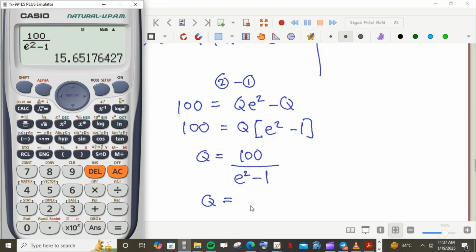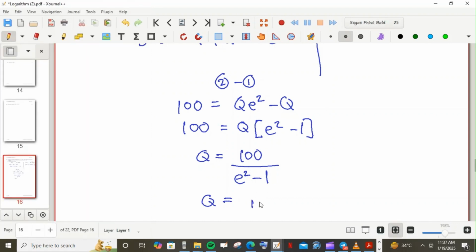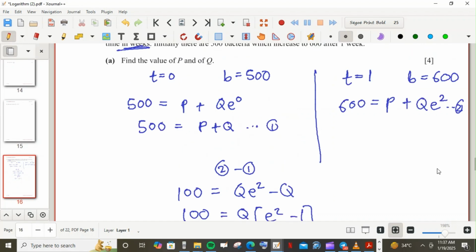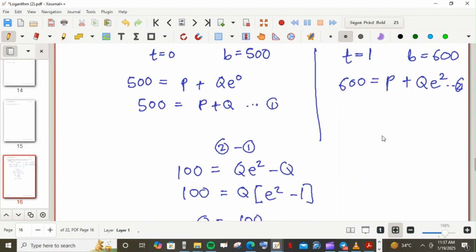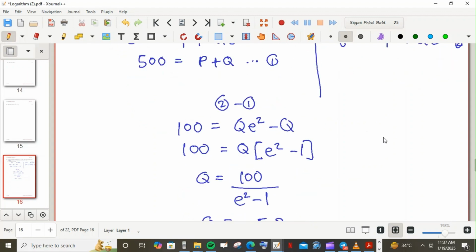I'm getting 15.6 or 15.7. Okay. So if that's the case, we can easily find the value of P. Because from equation 1, 500 is equal to P plus Q. Your Q is 15.7.